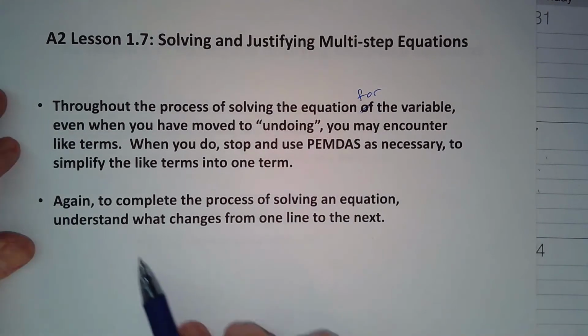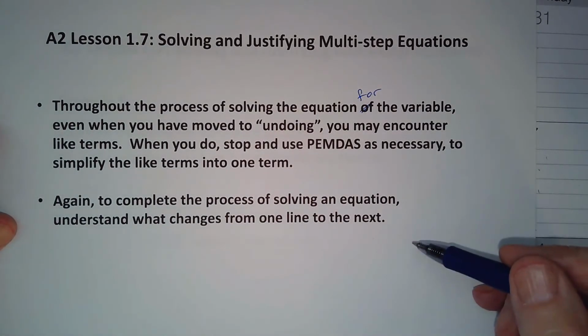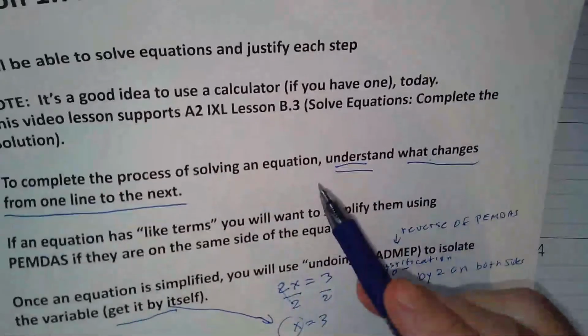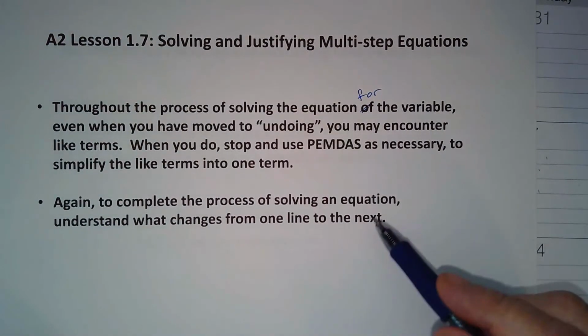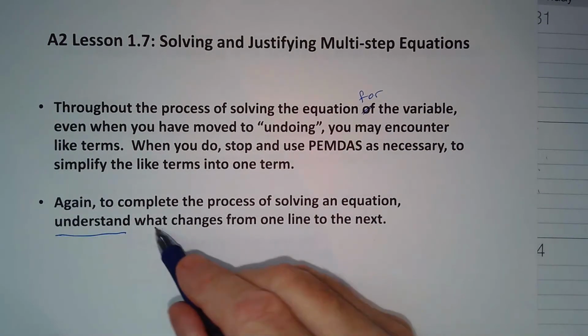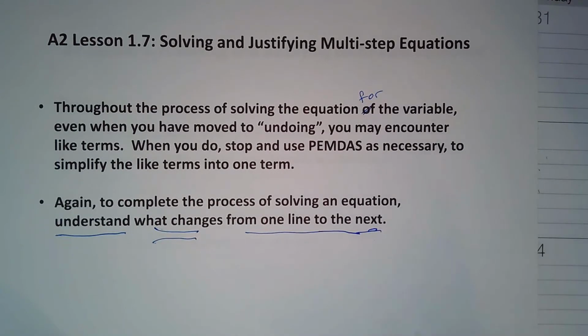And then lastly, this takes us back to the front. What I said at the very beginning, I'm now going to say at the end: to complete the process of solving an equation, understand what changes from one line to the next.